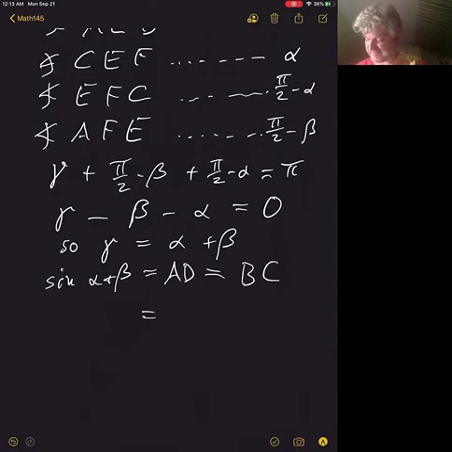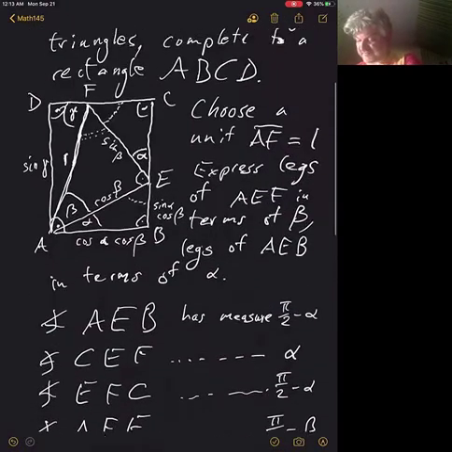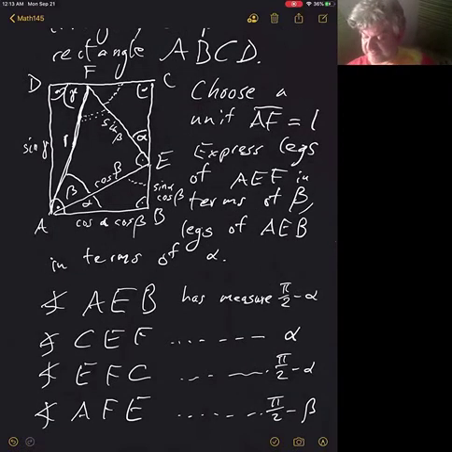And BC is, of course, BE plus EC. EC is the only piece of the puzzle that is still missing, that we haven't figured out yet. But that's part of a right triangle with hypotenuse sine beta and an angle alpha. So this is sine beta times cosine alpha.